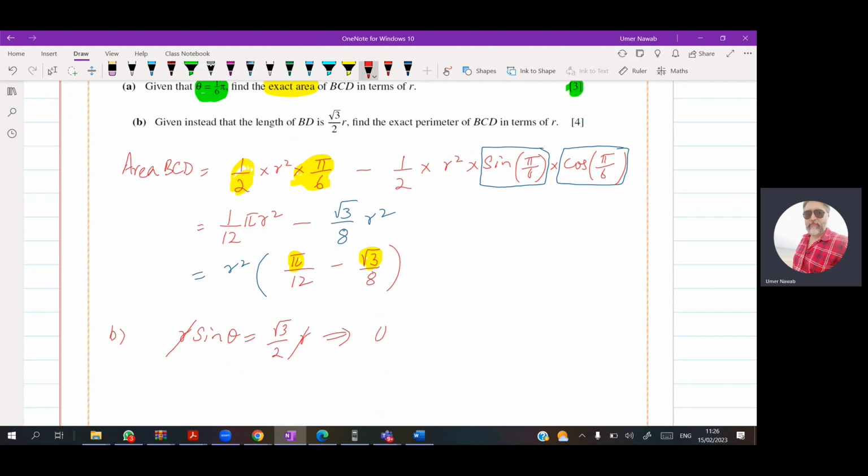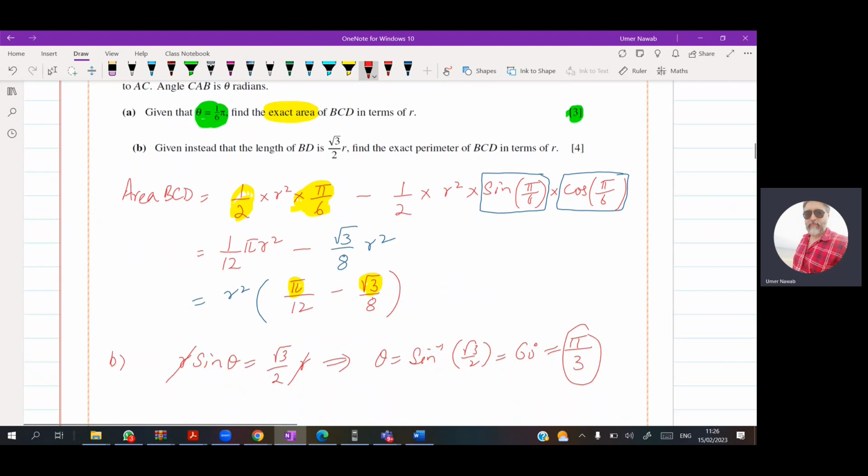And now I use theta is equals to shift sine square root of 3 over 2. It will give me 60 degrees from the calculator if my calculator is in degree mode, but I would prefer the calculator must be in radian mode. So shift sine of square root of 3 over 2 will give you pi over 3. Now my angle is pi over 3.